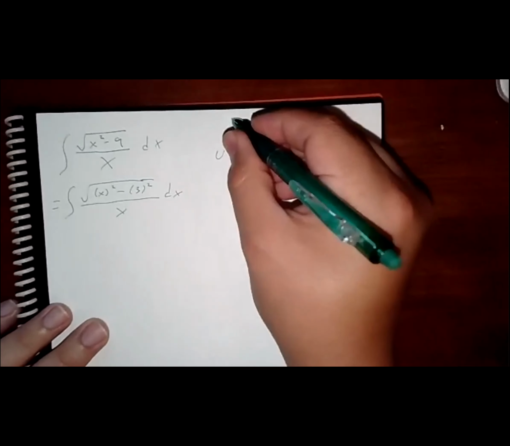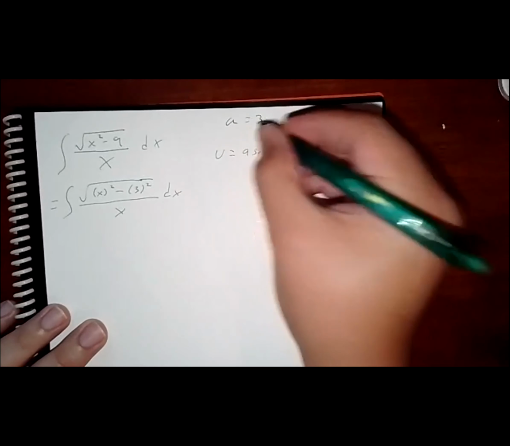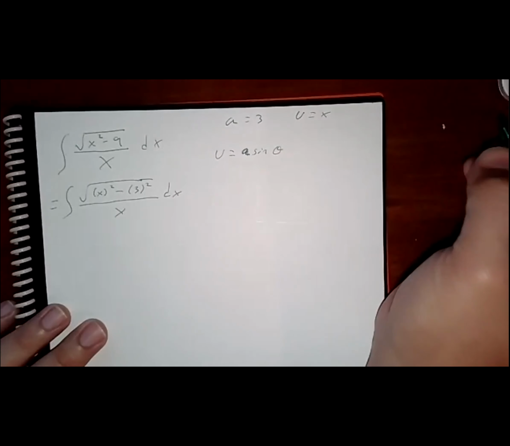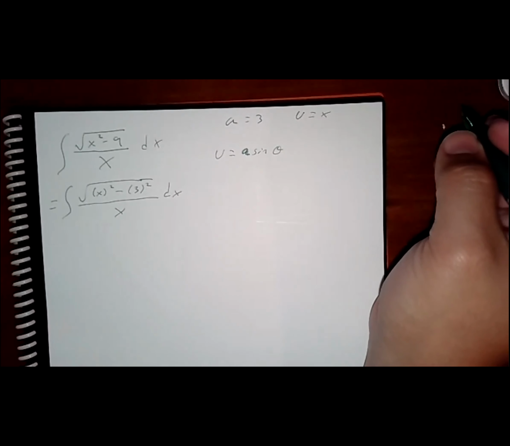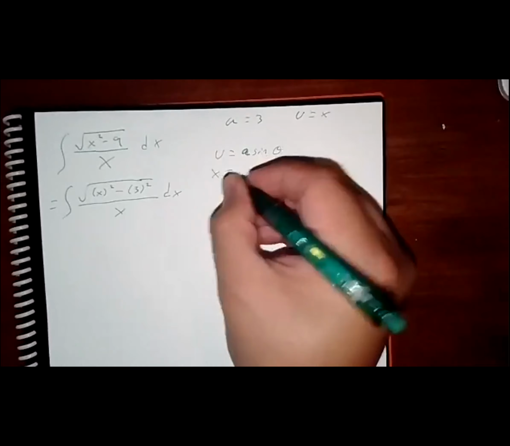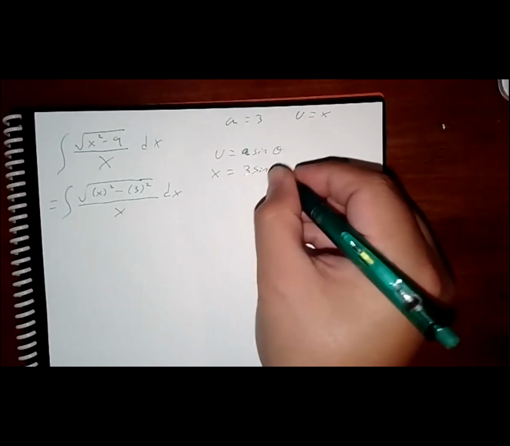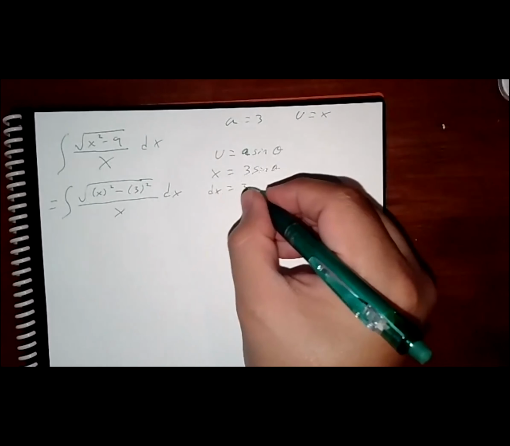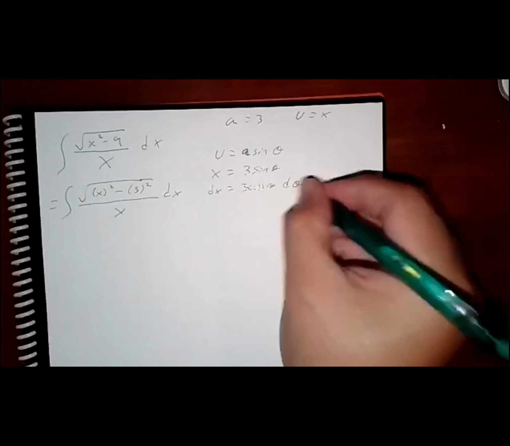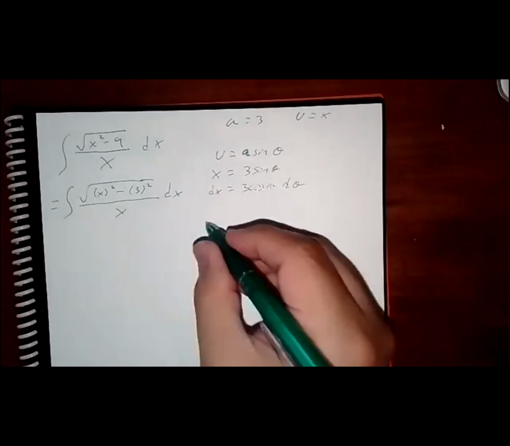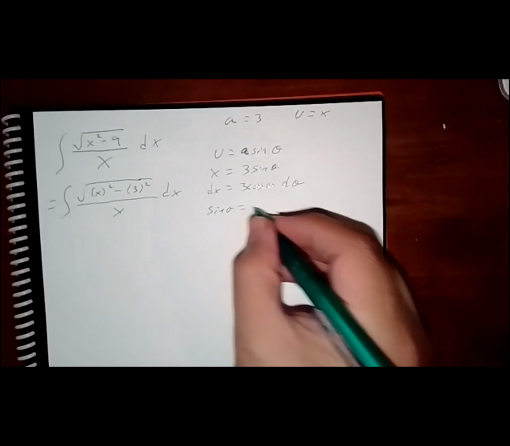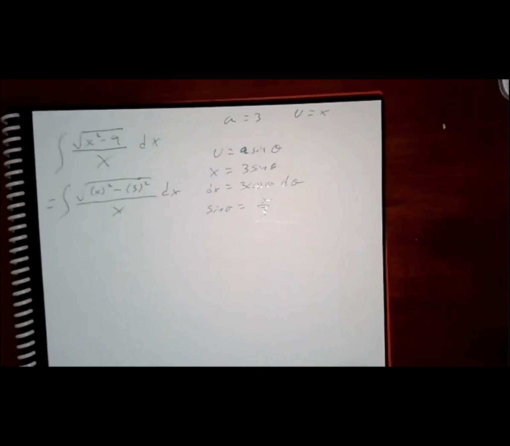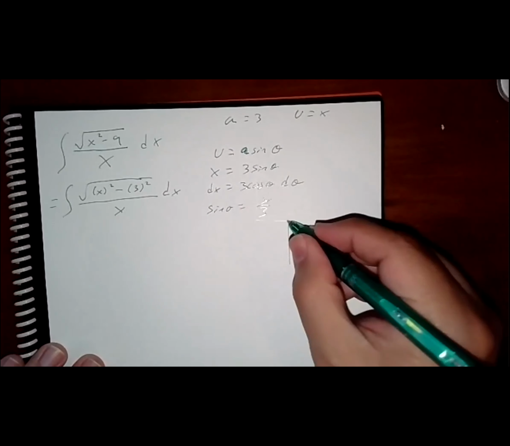Make a note here: a is 3, u is x, if we follow the notes. So that'll be x equal to 3 sine theta, so dx would be 3 cosine theta d theta. And if you solve for sine theta, it would be equal to x over 3, which will allow you to build a triangle.